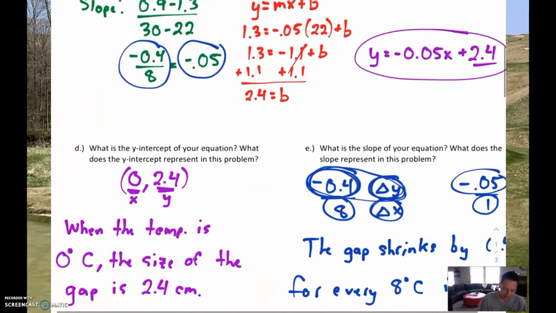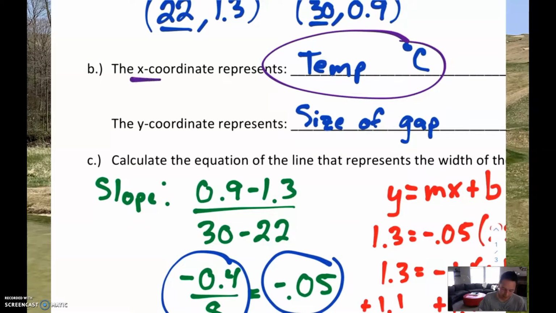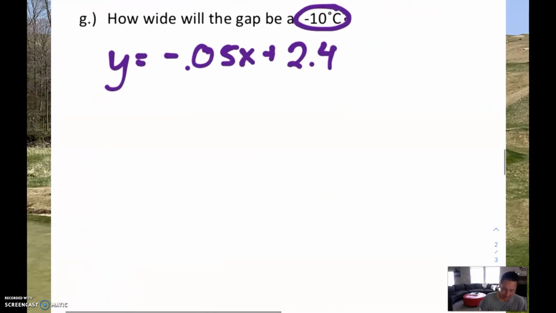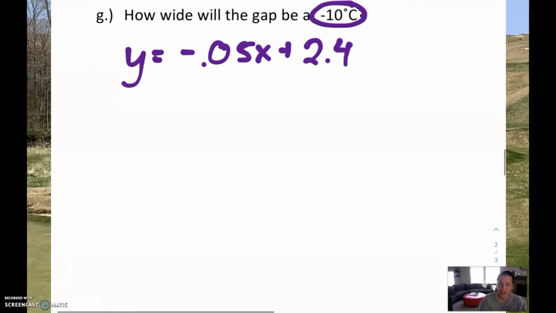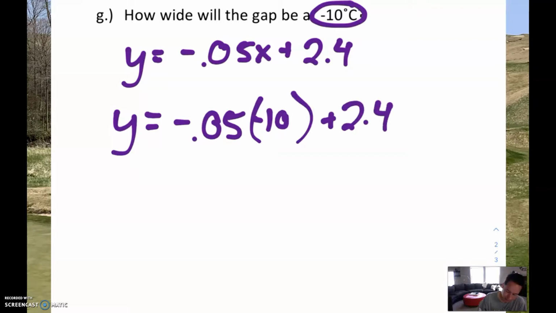So if you go back way up here to part B, the temperature is an x coordinate. So I can take this negative 10 and replace the x coordinate. So we have y equals negative 0.05 times negative 10 plus 2.4. All we did is replace the x with a negative 10.